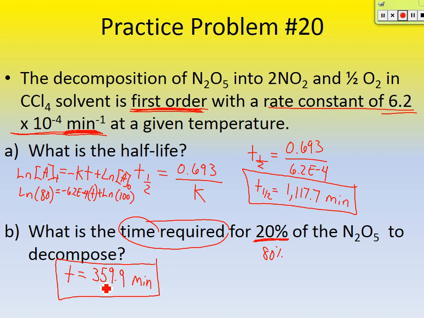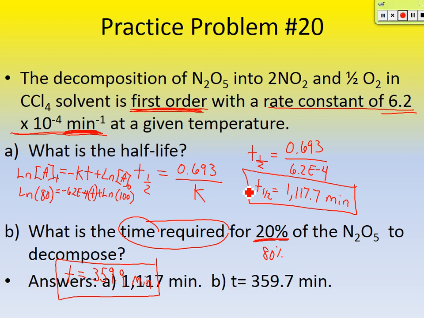Does that make sense? Do our numbers make sense? And I would say yes, this is less because we only lost 20% here. This one lost 50%. So the numbers do make sense. Okay, and we did get it right.